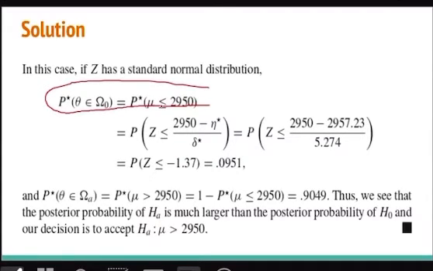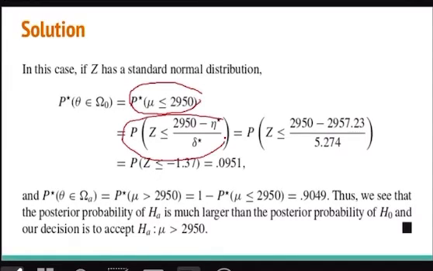Finding the probability associated with this will take me to the z-score. What am I going to use? The mean is going to be the posterior mean. The standard deviation is going to be the posterior standard deviation. Do you guys love that? Or do you want this in your exam? It's super easy.